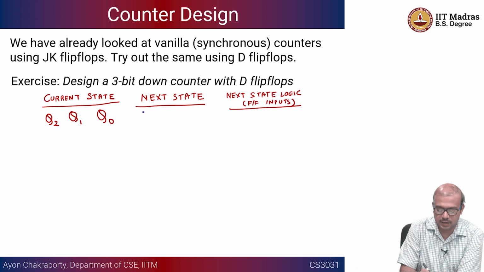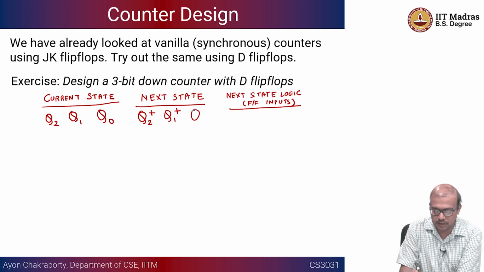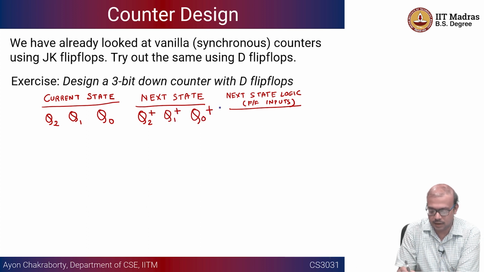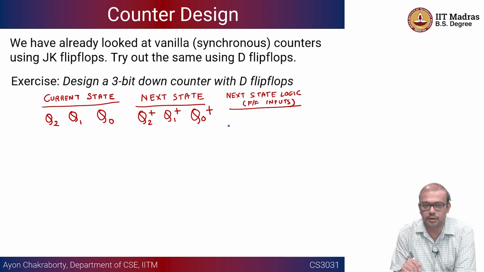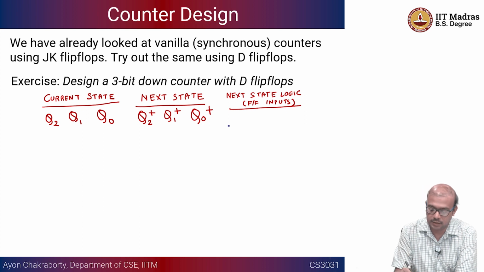The next state can be defined as Q2 plus, Q1 plus and Q0 plus. And the next state logic is going to be the function of Q2, Q1 and Q0 that we are going to put to the inputs of the flip-flops. There are 3 flip-flops we are going to consider, because there are 3 bits that we are dealing with.